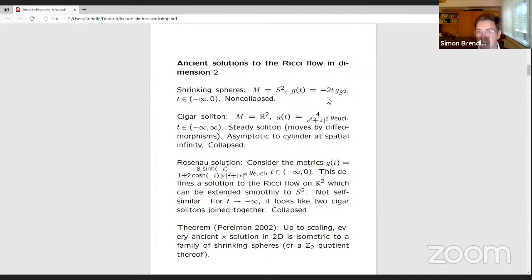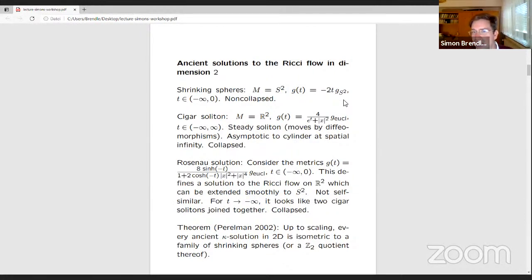So in the sense of Perelman's definition, these are non-collapsed. Then maybe the second example you could look at is S1 cross R, and they wouldn't move at all, and they would be collapsed.